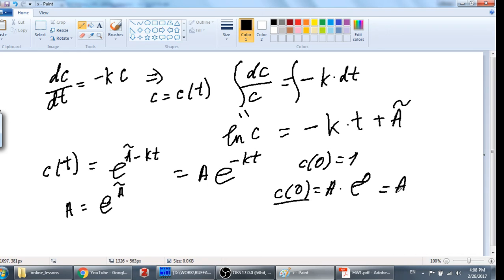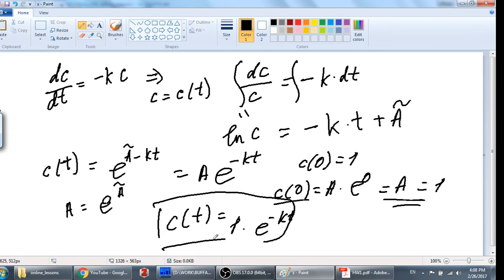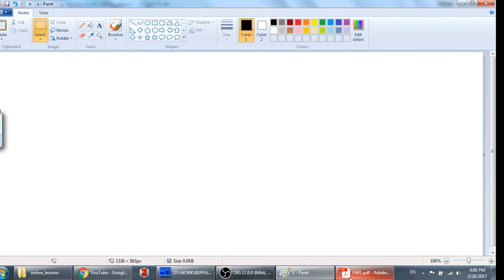And you know that this is 1, so eventually your solution will be C of t is 1 times e to the minus kt. That is the solution. Okay, that was the first order differential equation.